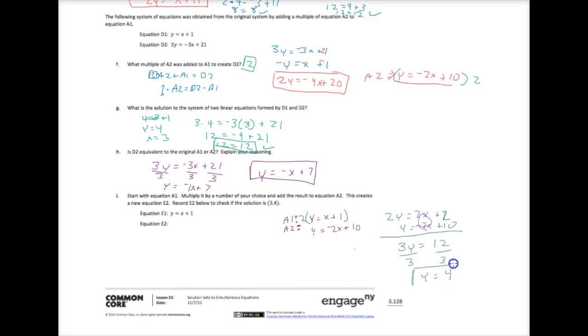Whoa, didn't even do that on purpose, but that's a great answer. It says, what's our new equation? Our new equation is y equals 4. It said, okay, so we have to check and see if our solution is 3, 4. Well, the y is 4. 4 does equal 4. So, yep, we got an answer like that. Very interesting. Nice ending.